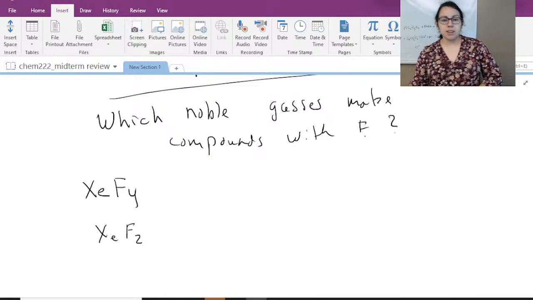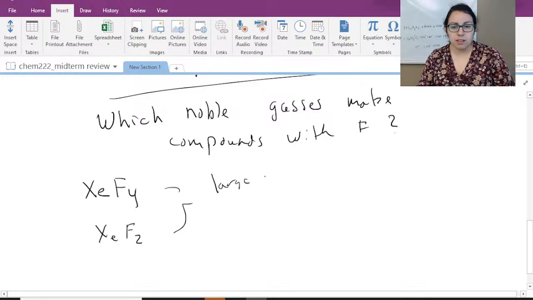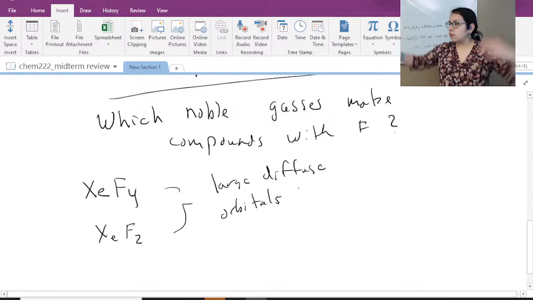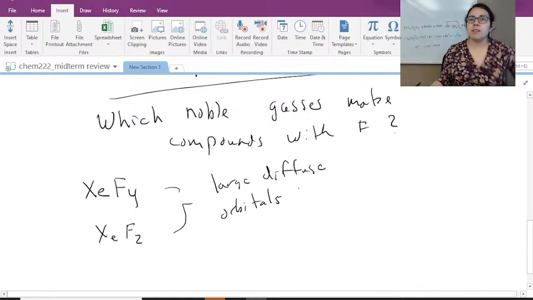And so if it's asking what noble gases can make compounds with fluorine, we have xenon, and we said it's pretty large. So it's basically large diffuse orbitals, and so they can mix. It's also a size thing, so it has plenty of space for the fluorines.